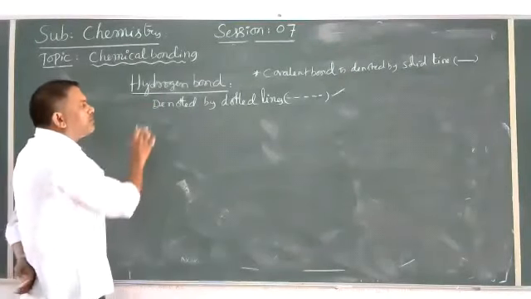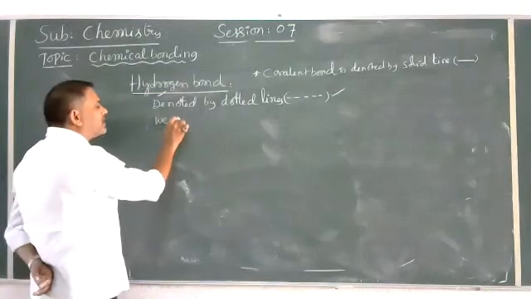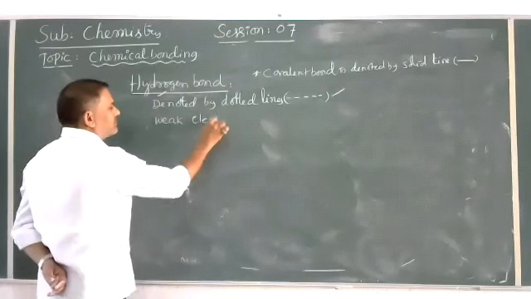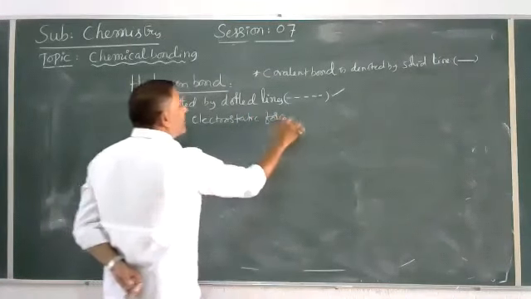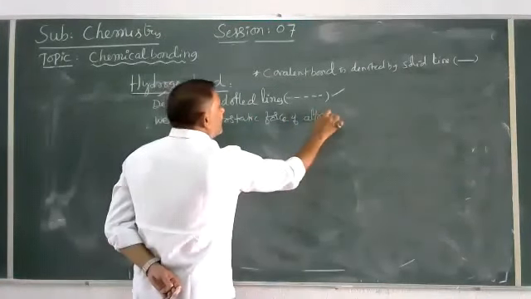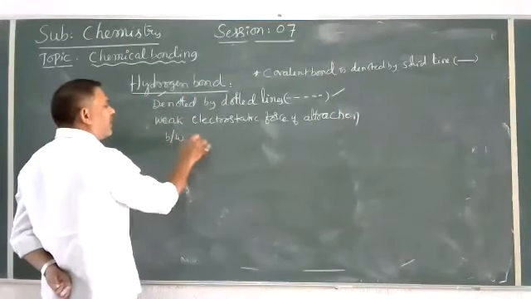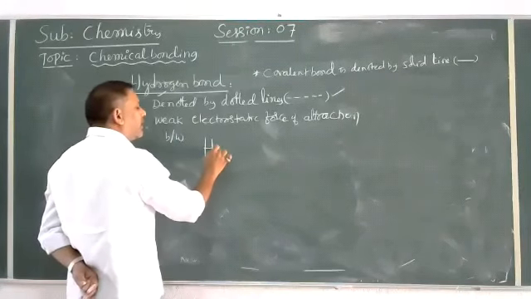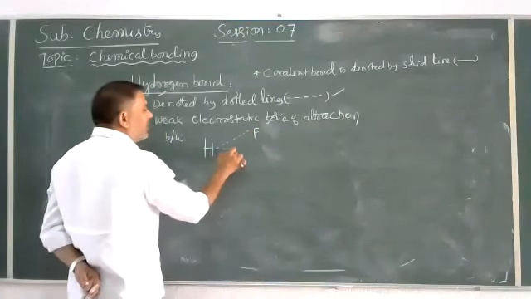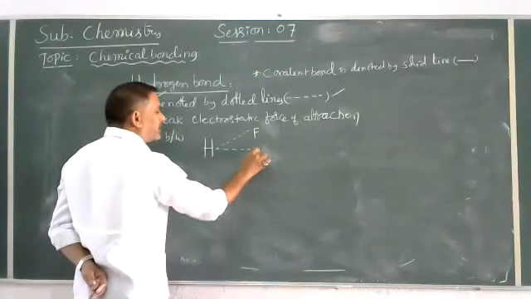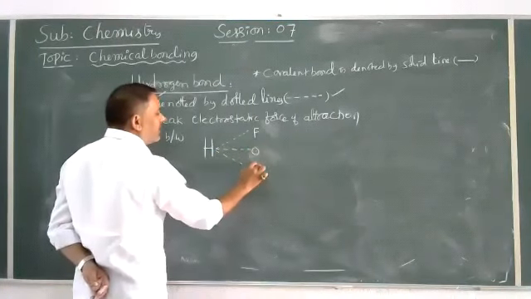By using the word hydrogen bond, it means a weak electrostatic force of attraction. Weak electrostatic force of attraction exists between a hydrogen atom and highly electronegative fluorine, nitrogen, or oxygen.